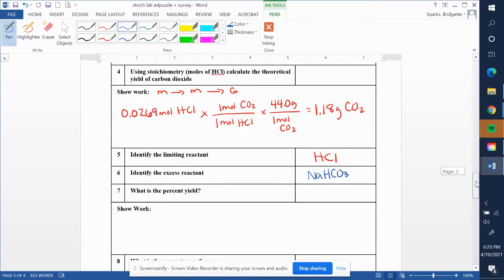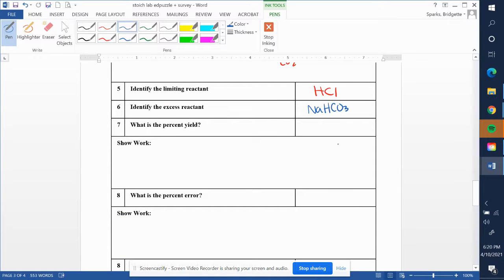Some of you might even notice that it dissolves in the water, but so what is the percent yield? Remember that percent yield is actual, right? Our actual amount of CO2 made in the lab versus theoretically how much CO2 we should have made in the lab.